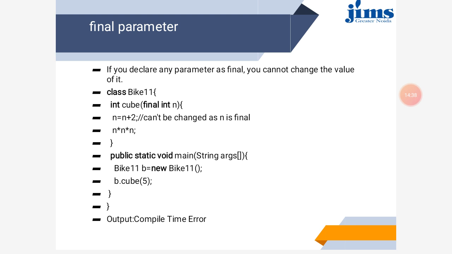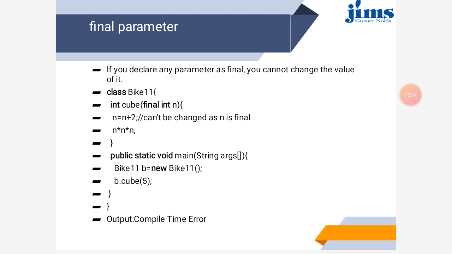Like in this example we can see there is one class, say Bike11, and in this class there is one method, int cube, and it has one parameter, say n, and that is final. In this method, whatever value of n you receive, you are modifying it and multiplying it three times, that is n cube.